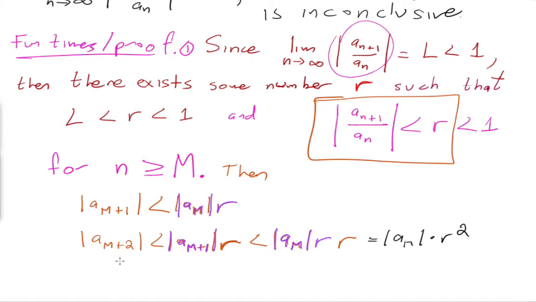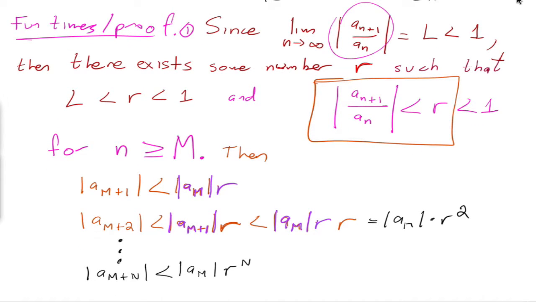If you continue this, you keep doing this, you get that a sub m plus n is less than a sub m times r to the n, right? But what do you know about r? R is less than 1, right?